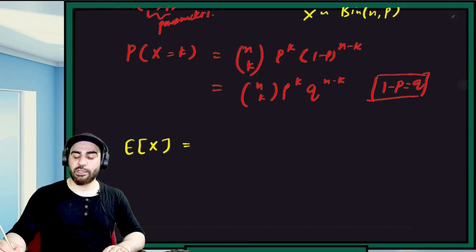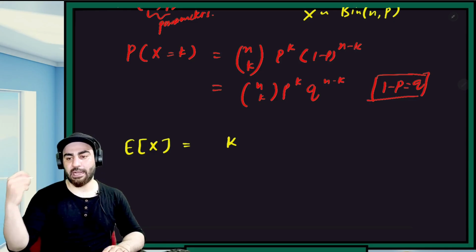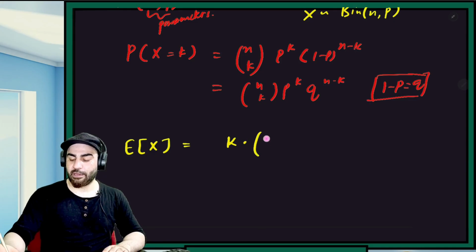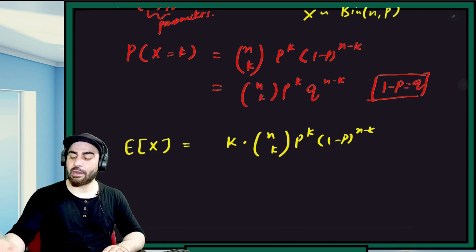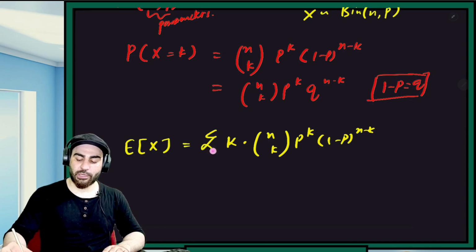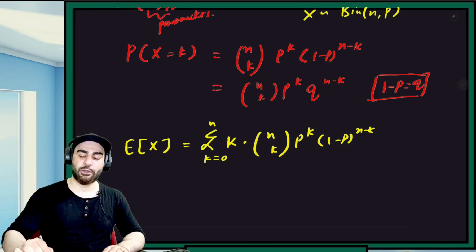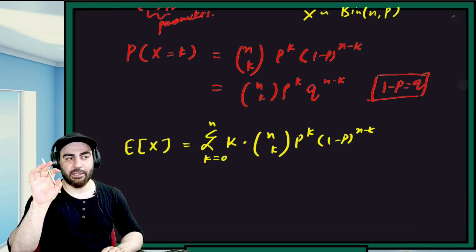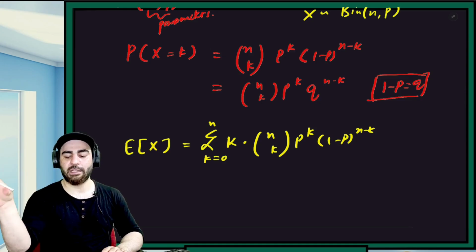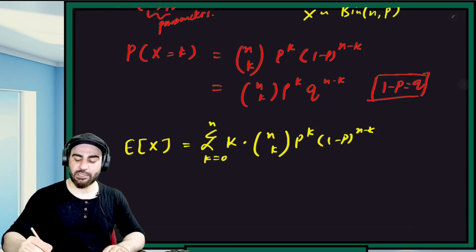Because I know that x takes value k, I have this PMF, and I'll say k multiplied by n choose k, the probability of success and the probability of failure. Now I have to do it for all the k's. So k goes from 0 to n, because x can take 0 successes, 1, 2, 3, 4, till n successes. So that's what I did here. This is what I have to compute.